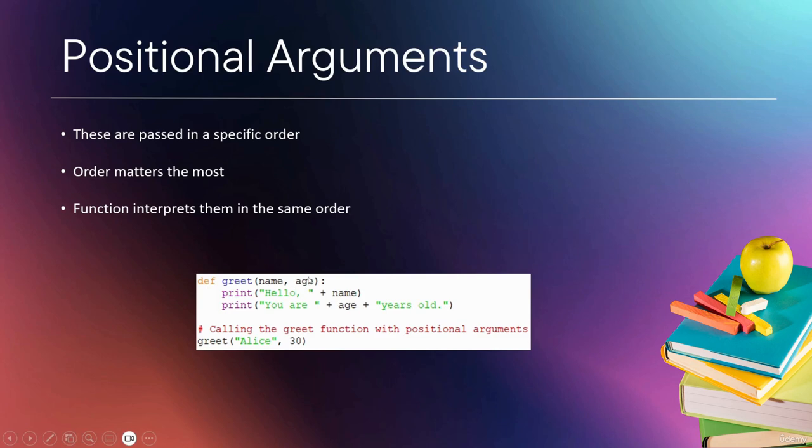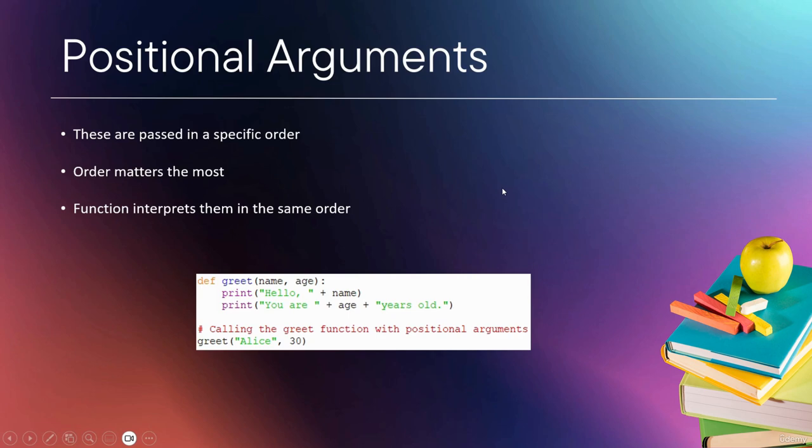Whatever I write here, name and age, these are called the parameters of the function. Now when I call the function and provide values, these are called arguments. Both terms are mostly used interchangeably, like when people say what is the argument, they could also mean this, but the correct terminology is that these are the parameters and these are the arguments.